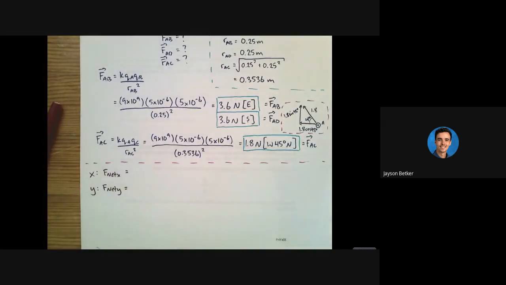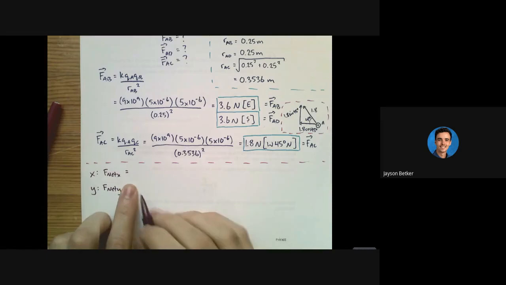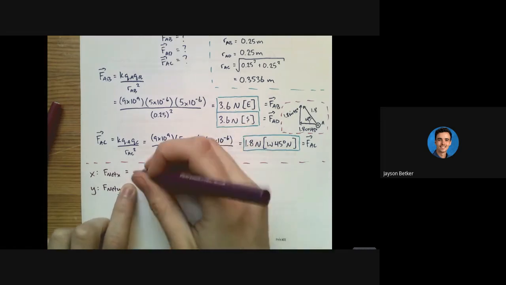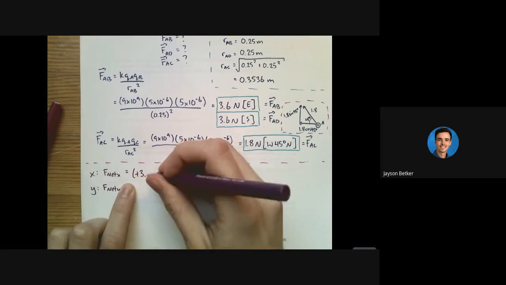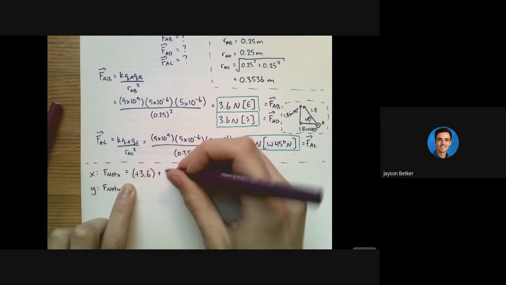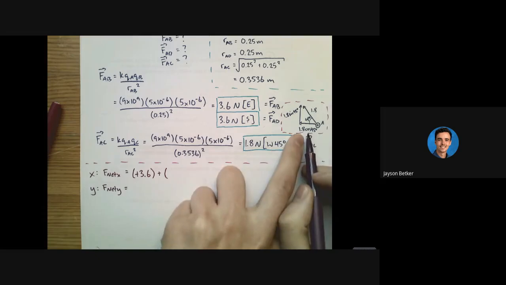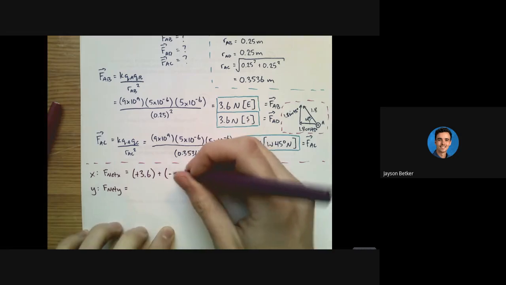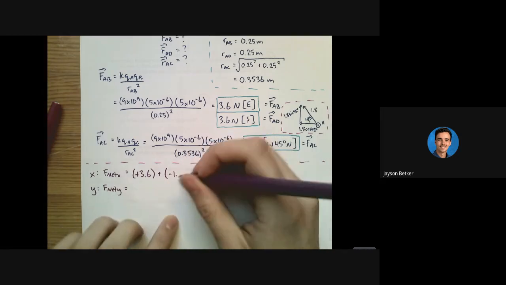So F net X is going to be 3.6 newtons east, which is positive 3.6, plus negative 1.8 cos 45. Okay, negative because it's going west. So I could have just put the negative there, but I'm just going to do it this way.